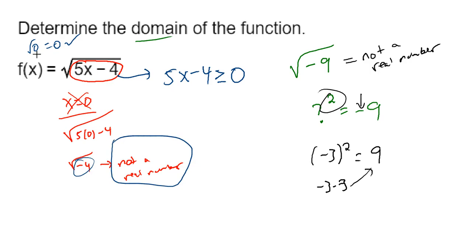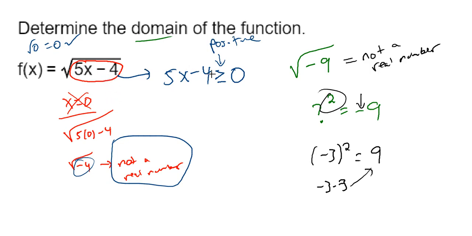So the threshold here is 0. As long as I can keep this result at 0 or more, the square root gives you an answer as long as this thing comes out positive, which means bigger than 0. This is how we say positive in mathematics. So as long as 5x minus 4 comes out positive, you're going to get an answer out of this and it's going to work out.